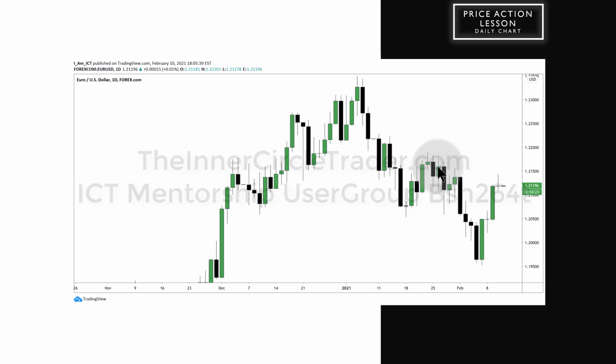When you're looking at moves that you think are going to unfold in price, you have to consider what it would likely be like once it gets to the area that would potentially bring an intermediate term price swing. So on a daily chart, a move like this is an intermediate term price swing. It's not a short term little move like this. This is an intermediate term price swing.